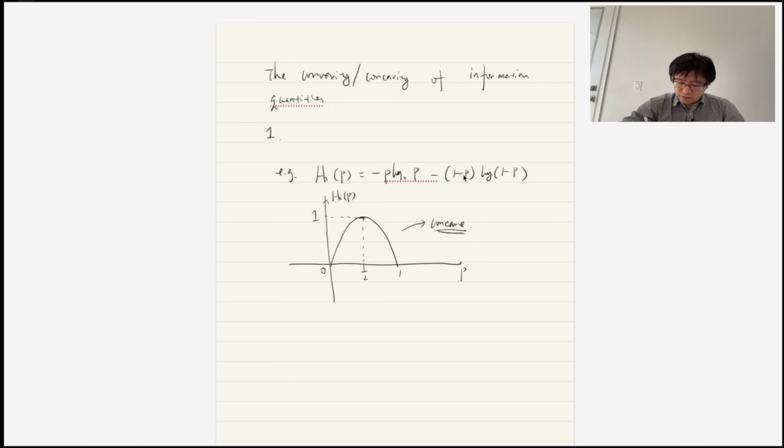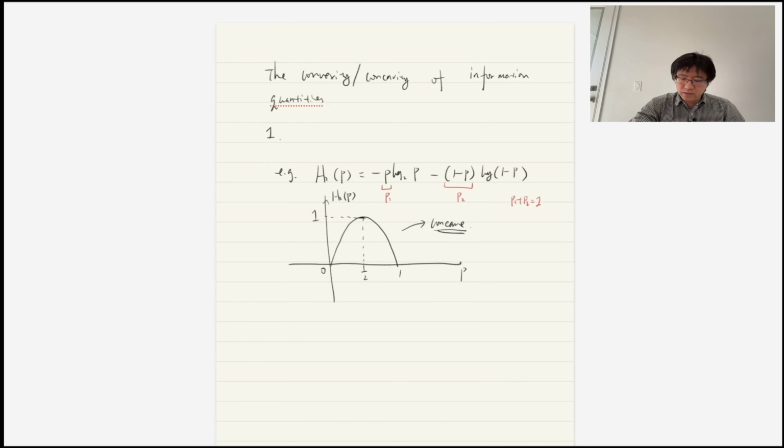If we denote this as P1 and this as P2, clearly we need to make sure that P1 plus P2 equals 1. From this figure we can see that it's a concave function in its probability.